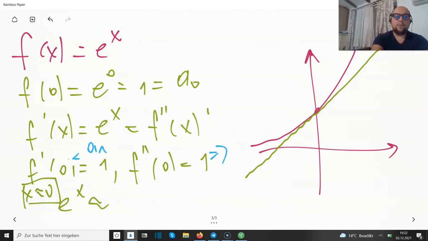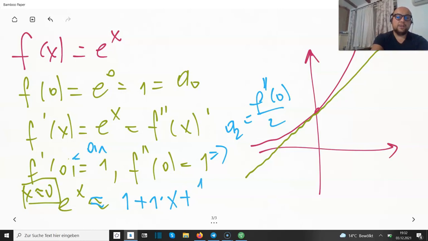And that one is not quite a2, because a2 was, if you remember, f second prime at 0 divided by 2. So that means e to the power of x is approximately a0, which is 1, plus a1 times x, so 1 times x, plus a2, which is a half times x squared.